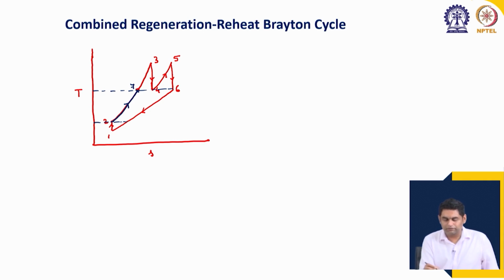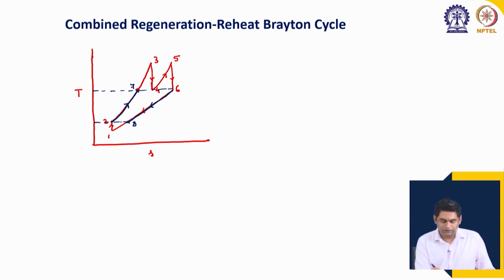and the corresponding process where heat is extracted from the combustion products goes from 6 to 8. Again, for 100% regenerator effectiveness, T8 should be equal to T2. So, this is the complete cycle.